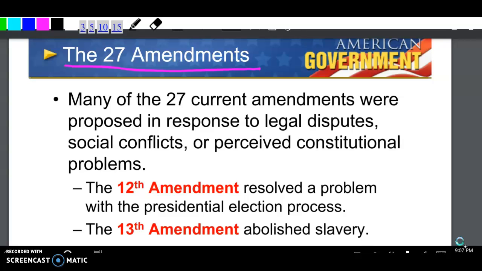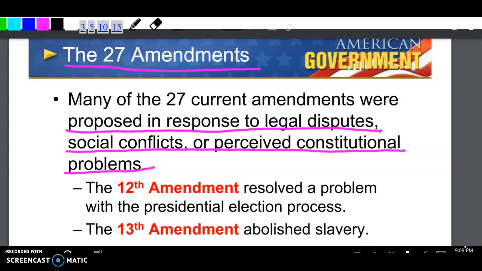So many of the 27 current amendments were proposed in response to legal disputes, social conflicts, or perceived constitutional problems. So 1 through 10 was the Bill of Rights, right?